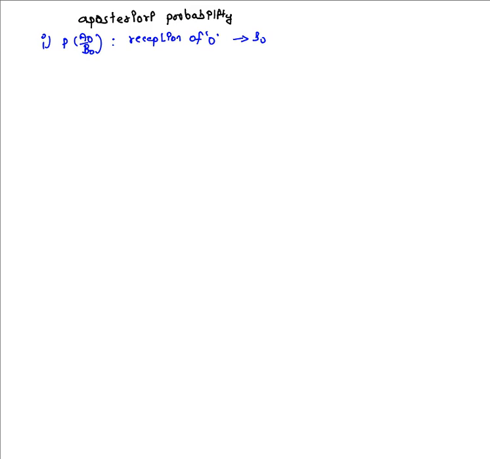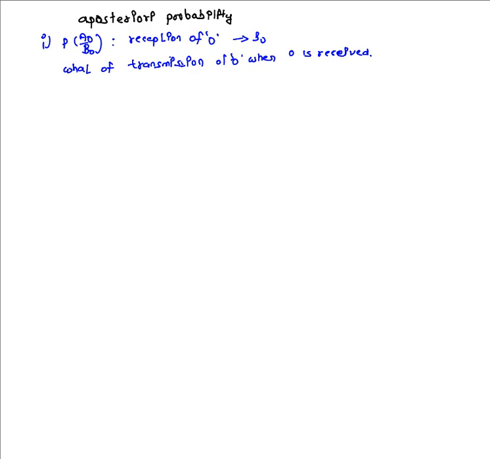Now we need to calculate the probability of transmission of 0 when 0 is received.